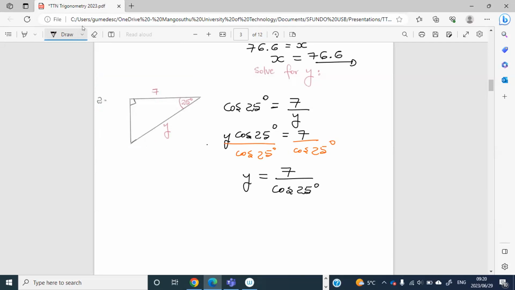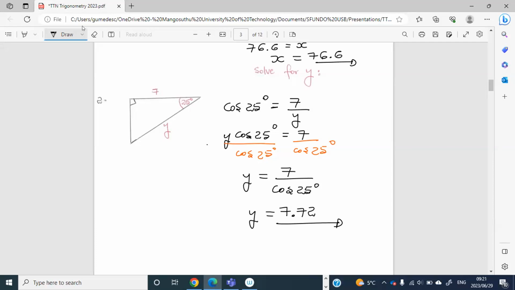Right. So now all we can do is use our calculators. So I got 7,72. So y is 7,72. It's the length of y.